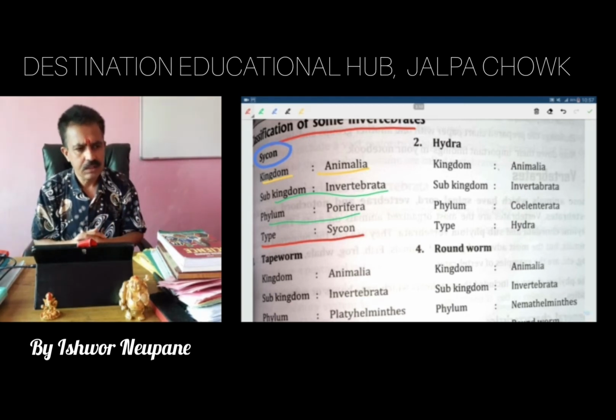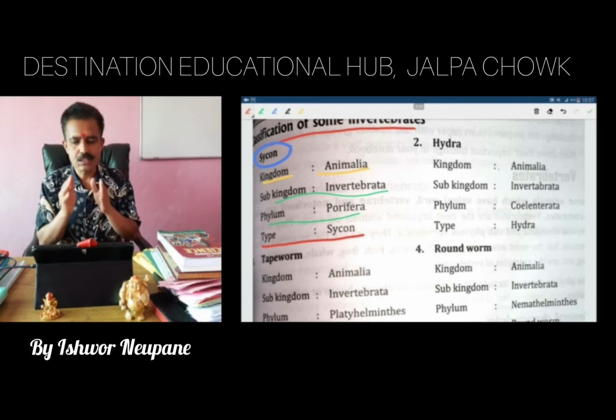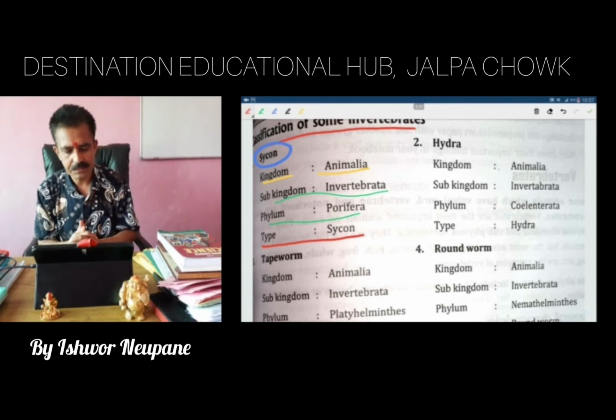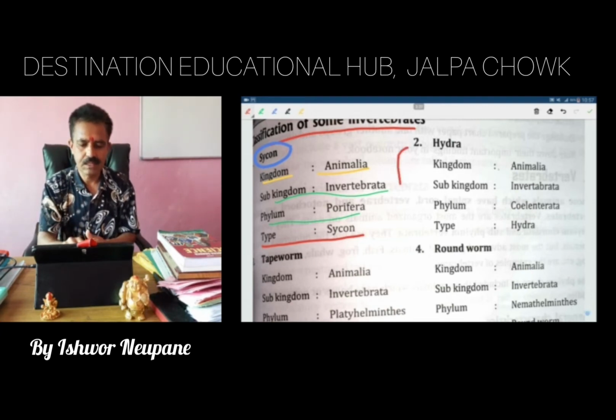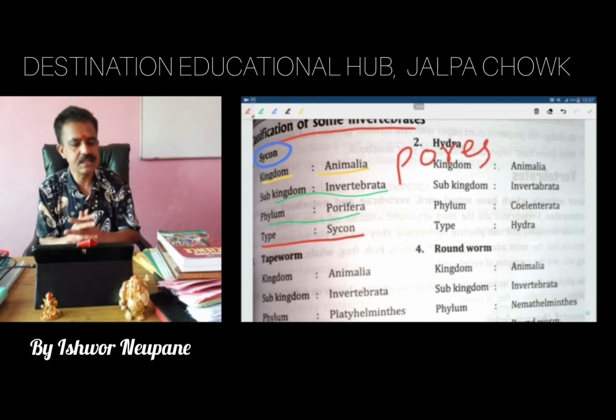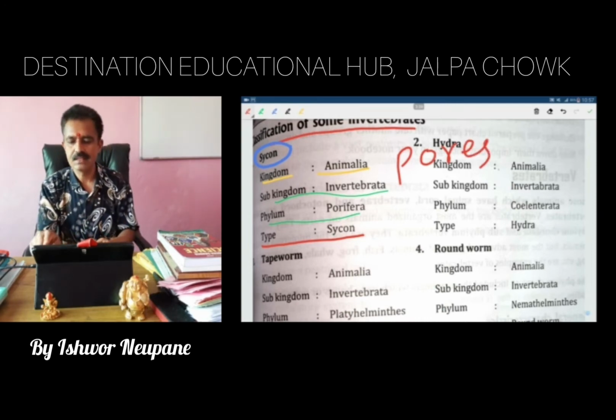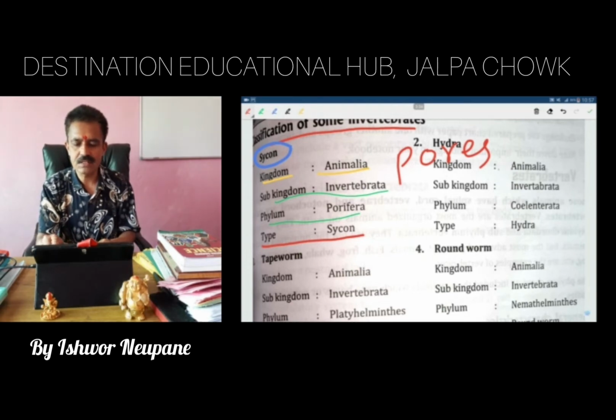So students, let's remember one special characteristic. What is that? The special characteristic of cycon is it bears pores. Pores means small holes present in its body. That is the distinguishing characteristic of cycon.